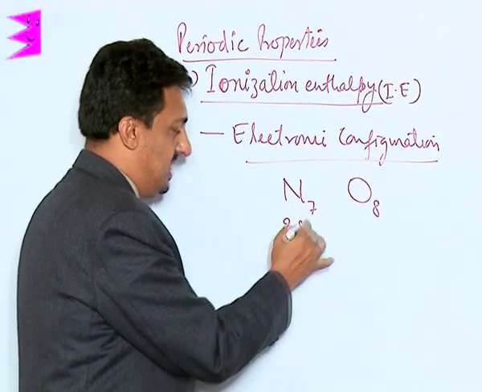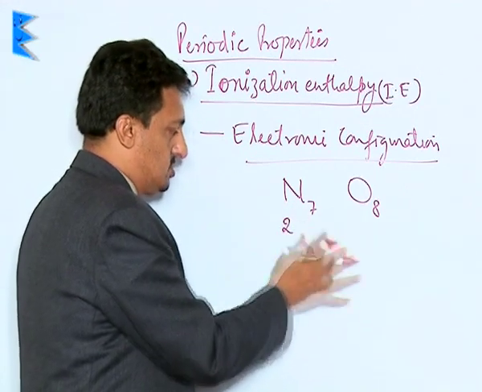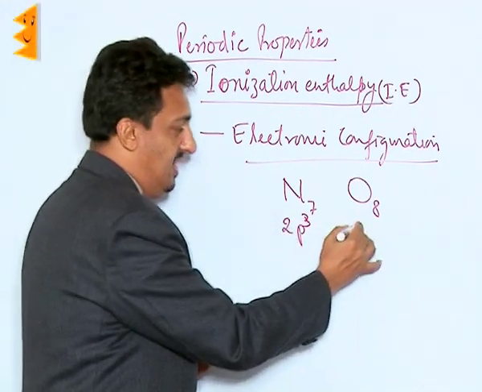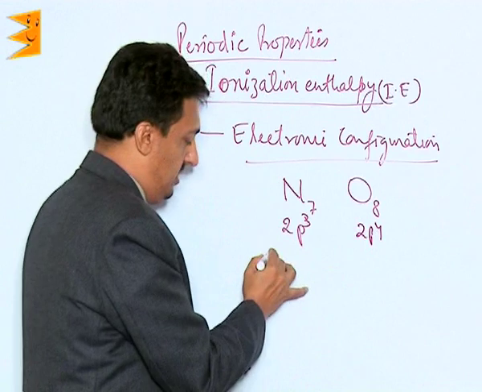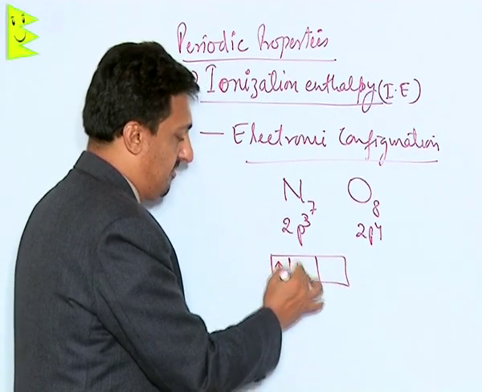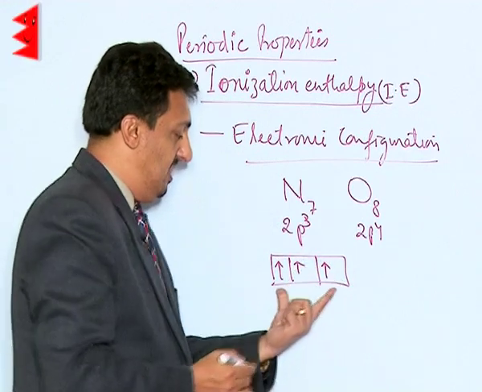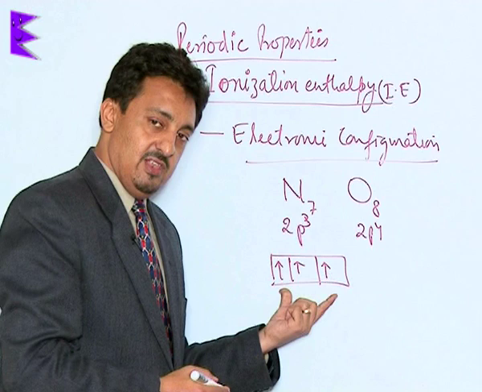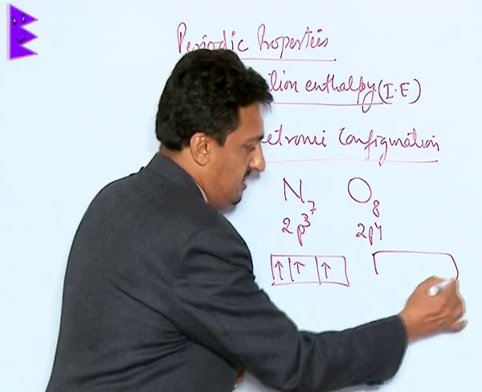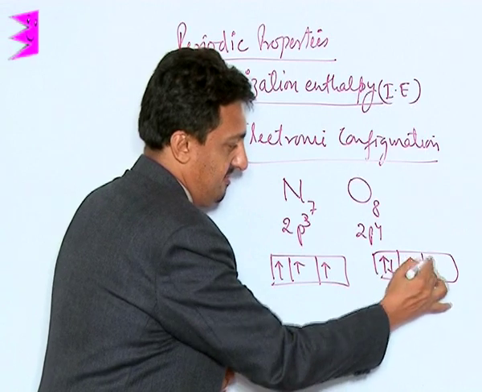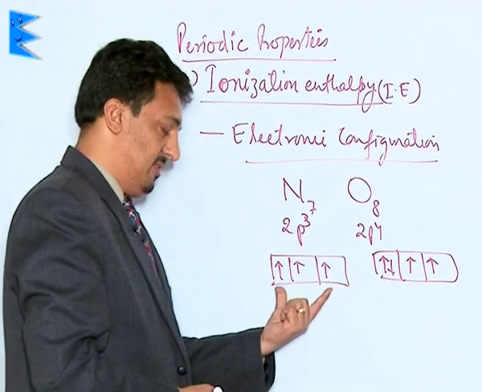It has 2p3, we are not considering the 2s, it's already filled, and oxygen has 2p4. Since the nitrogen p has 3 electrons with parallel spin, which gives it more symmetry and exchange energy, this configuration is more stable than what oxygen has with 4 electrons.